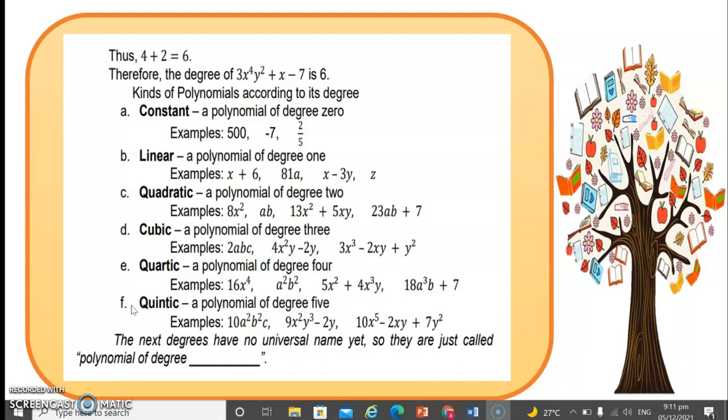Okay, so next, quintic, a polynomial of degree 5. So examples, 10a squared b squared c, so 2 plus 2 plus 1 is 5. Same with 9x squared y cubed minus 2y. And then we have 10x to the 5th minus 2xy plus 7y squared.